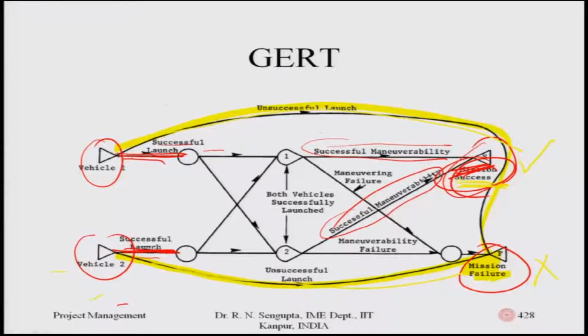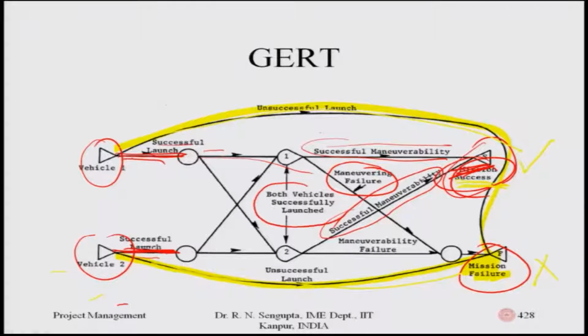Vehicle 1 maneuverability being a failure. So, this is maneuverability being a failure, which will come here for vehicle 1, and vehicle 2 maneuverability being a failure would come here.